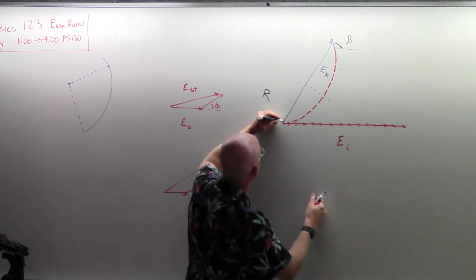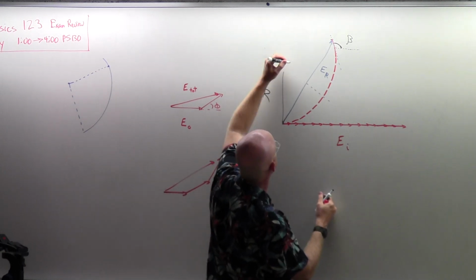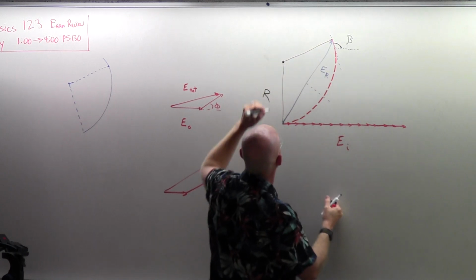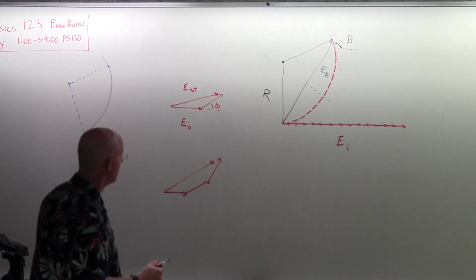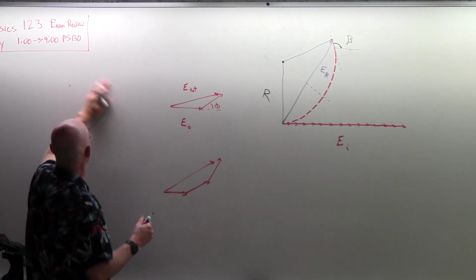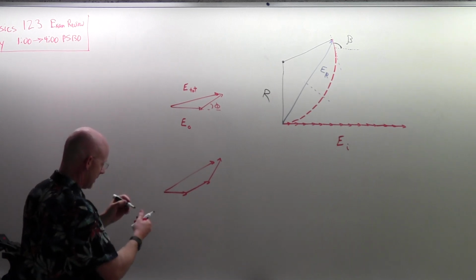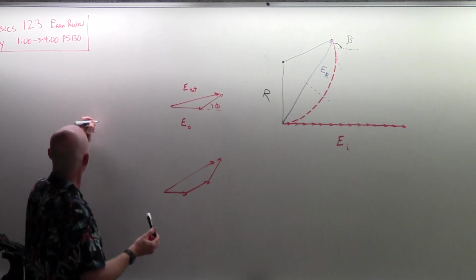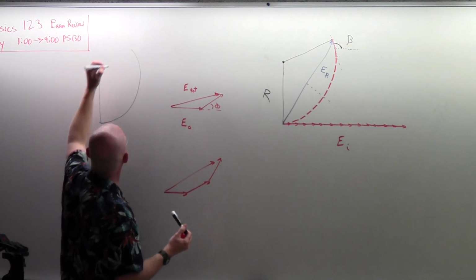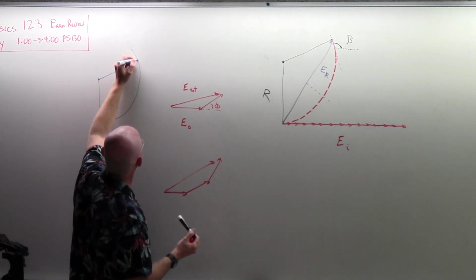But I should be saying that this radius needs to go straight up. And then this picture's not a very good picture either, because I wanted to make the radius straight up, the circle arc come over to here somewhere.